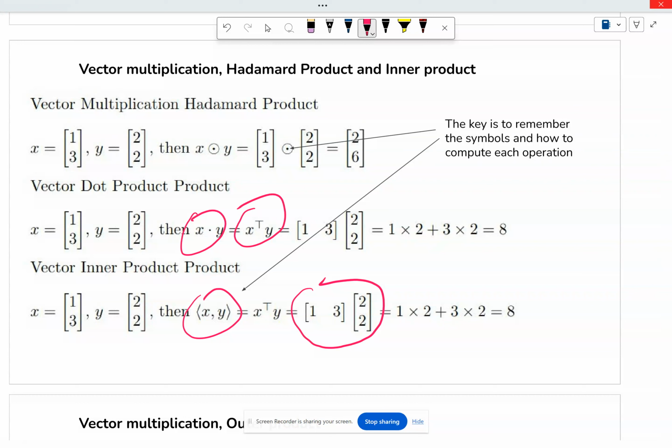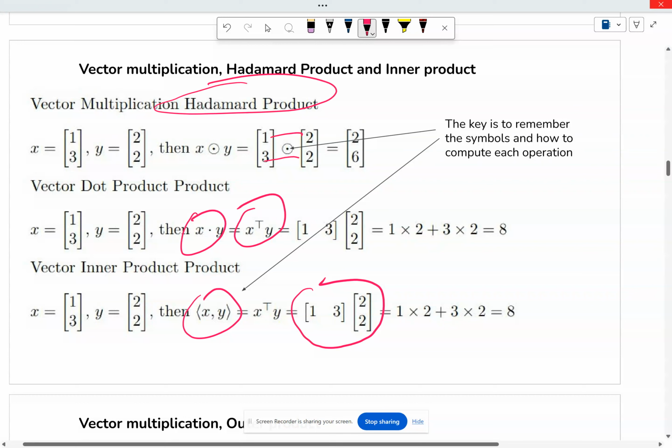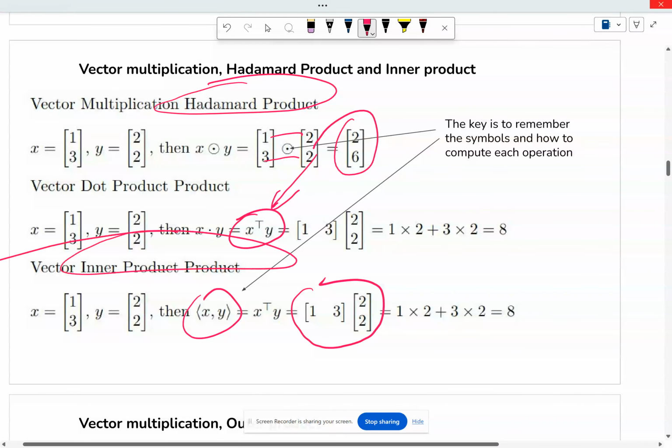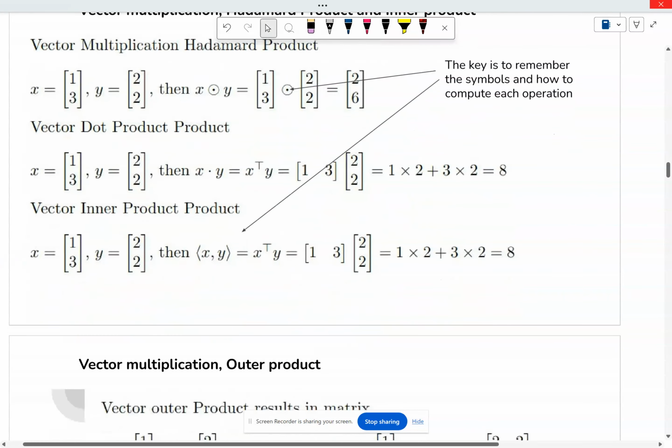Once again, Hadamard product, you take elements and multiply them together. The dot product, most commonly written this way, is basically the Hadamard product, except you add everything up in the end. And the inner product, you can treat as the same as the dot product.